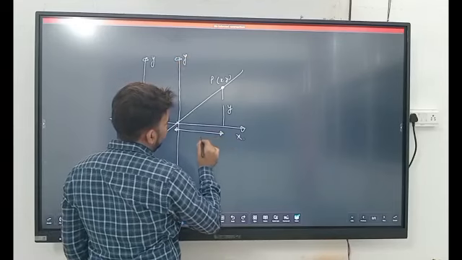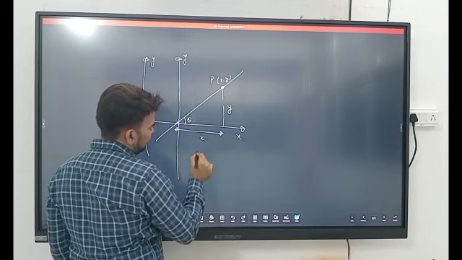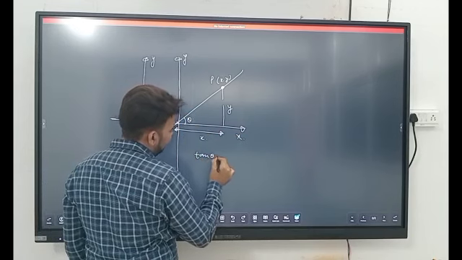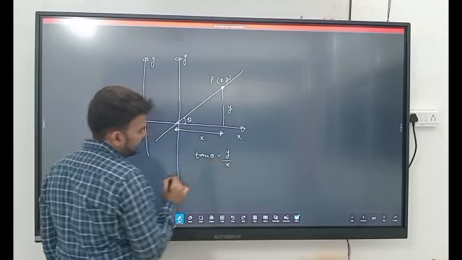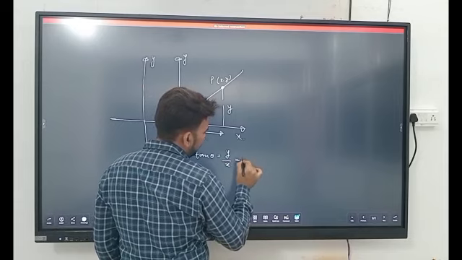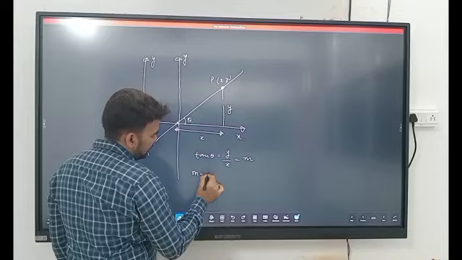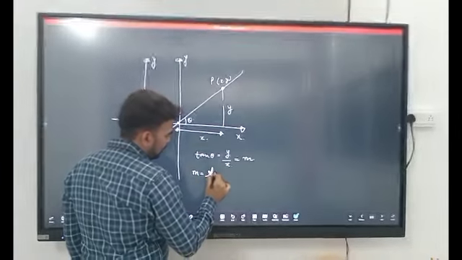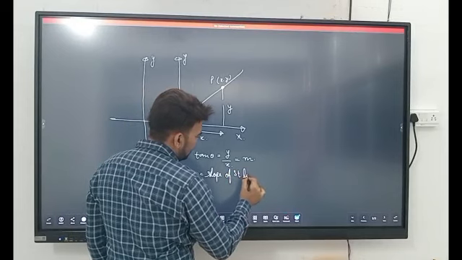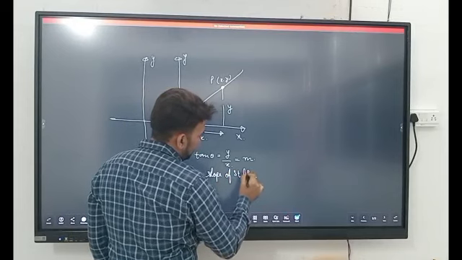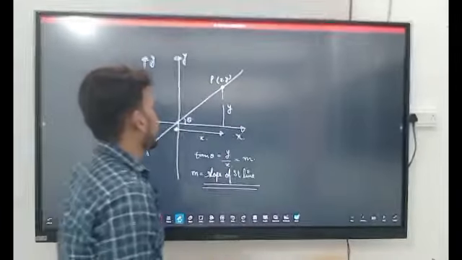In that case, the slope is given by tan theta, and tan theta is given as y by x. This tan theta is also sometimes denoted by m, and this m is termed as the slope of the straight line. So always remember that one. Got that?